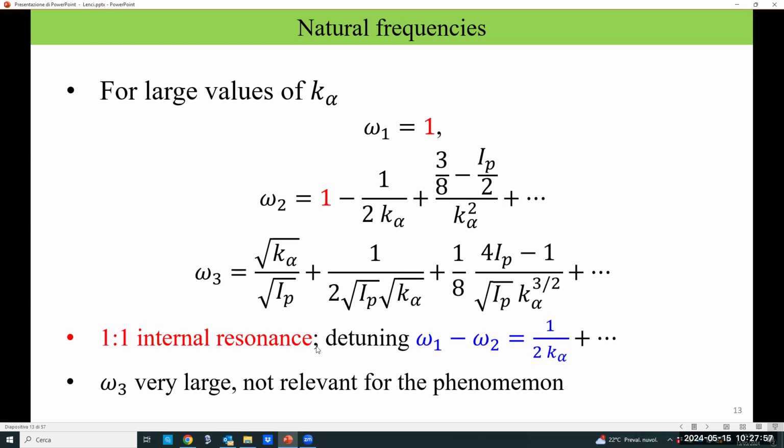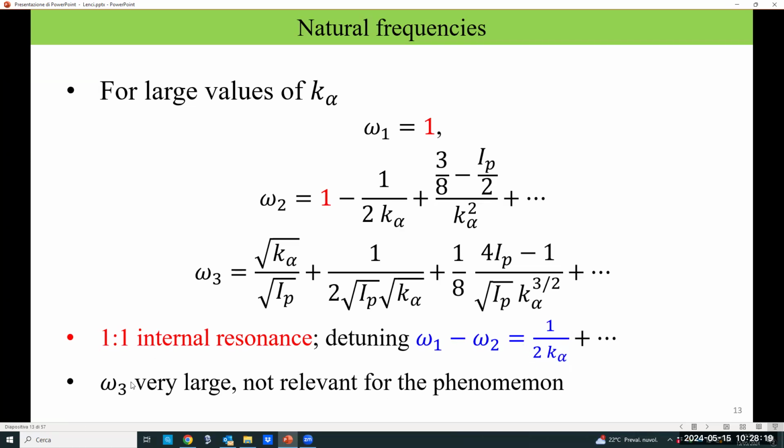So we have, as I said before, an internal resonance, and the tuning parameter, the difference between the two close frequencies, omega 1 minus omega 2, is just 1 over 2 K alpha, which is a very small number, as I said before.